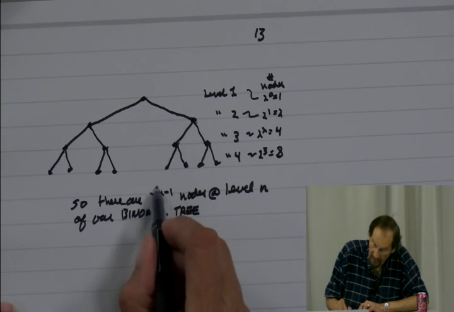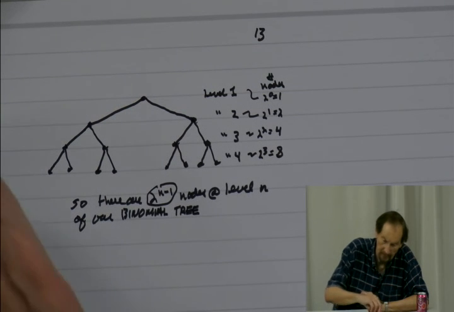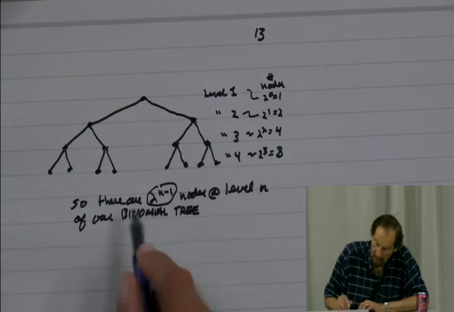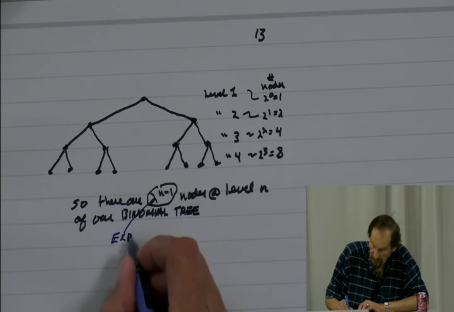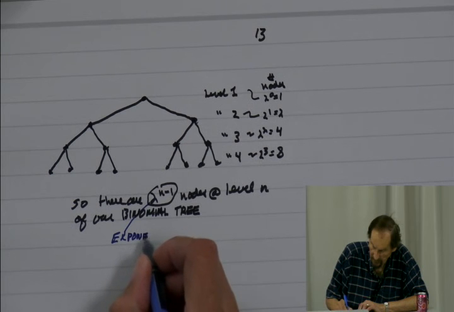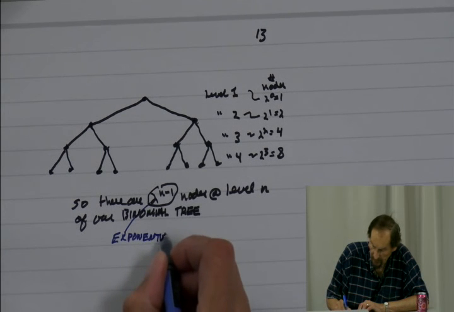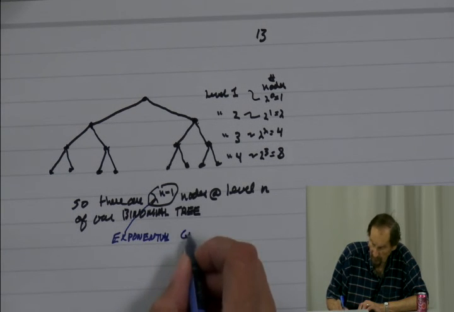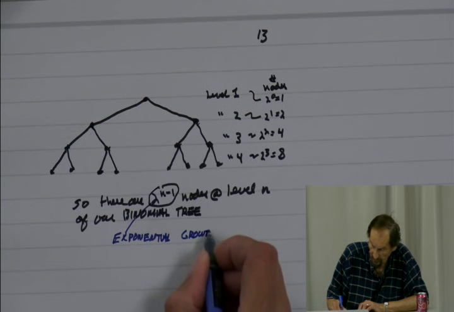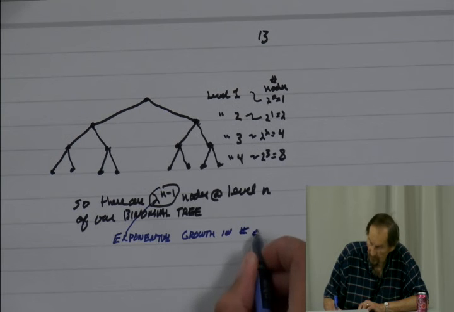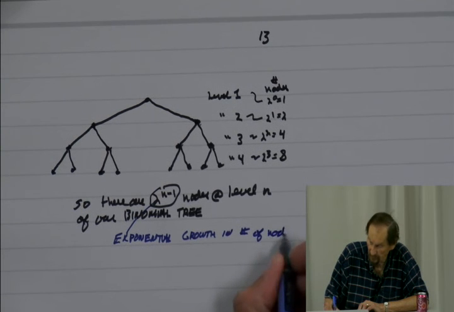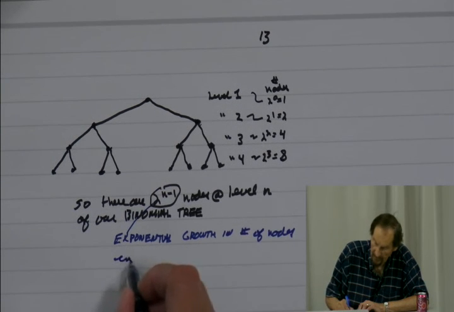So here, this 2 to the n minus 1, this is an exponential growth in the number of nodes in our tree.